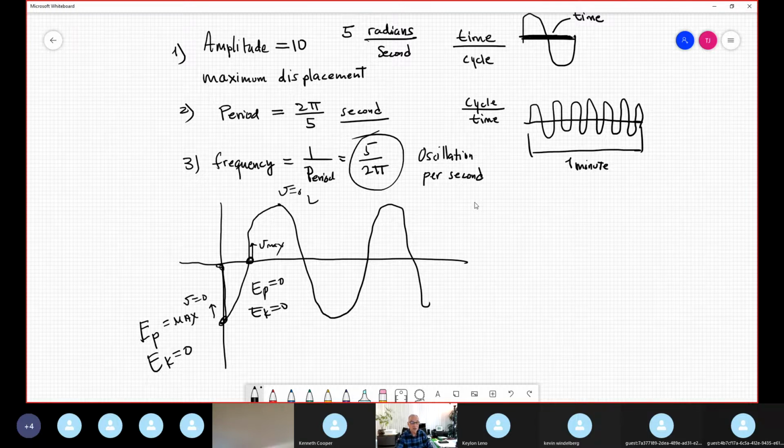Again kinetic energy is 0, but potential is the same, maximum in the opposite direction. That is the reason that if there is no loss of energy, this motion continues forever. It's totally ideal.